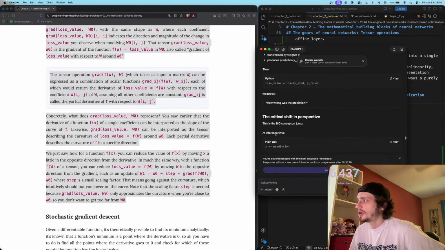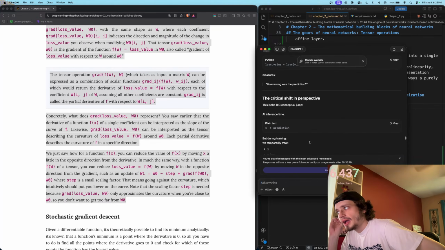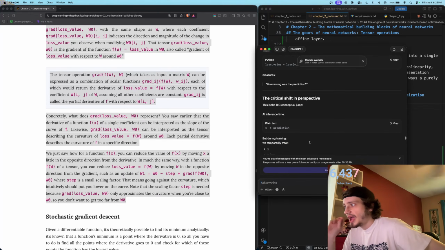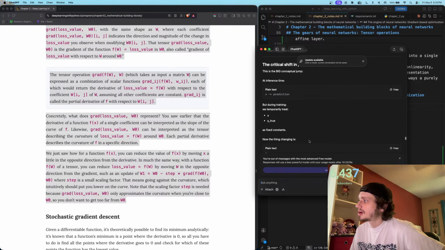The critical shift in perspective. At inference time, x points to prediction. But during training, we temporarily treat x and y true as fixed constants.